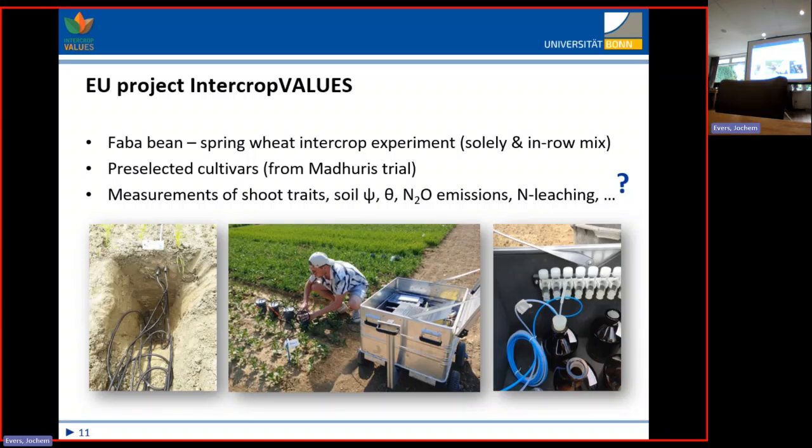Yeah, I think it's very difficult, and to be honest, I have no clear hypothesis myself. On the one hand, you put mineral fertilizer on the wheat, that means emission. On the other hand, the legume has very high N concentration in the roots. And if you look not only at the growth period, but also at the legacy, in autumn you have a very narrow C:N ratio and a lot of root residues.